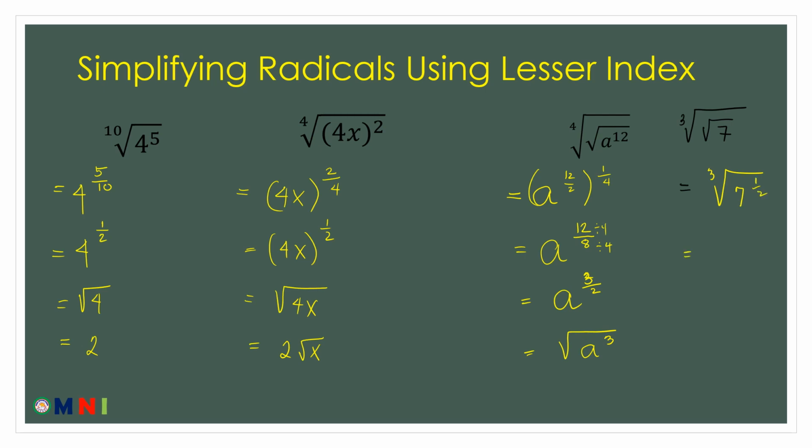Which is the same with like this. We just immediately have 7 to the power of 1/2 times 1/3. Okay? And of course, when you multiply 7 raised to the power of 1 times 1 is 1, 2 times 3 is 6, and therefore its radical form is the 6th root of 7. Okay, so that is if with numerical coefficients, or just simply numerals.